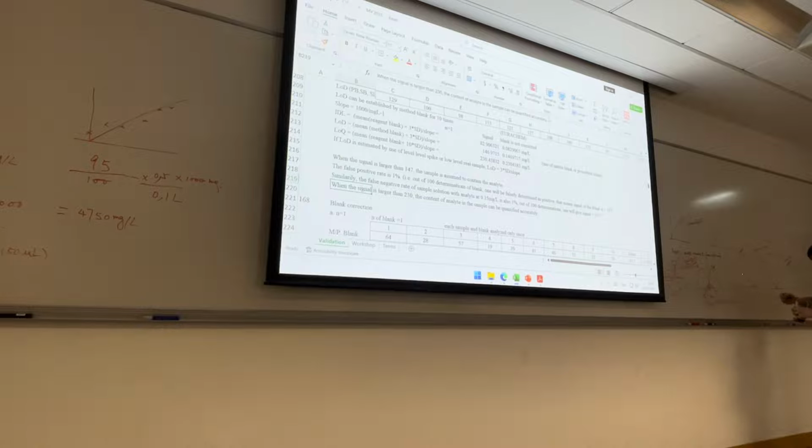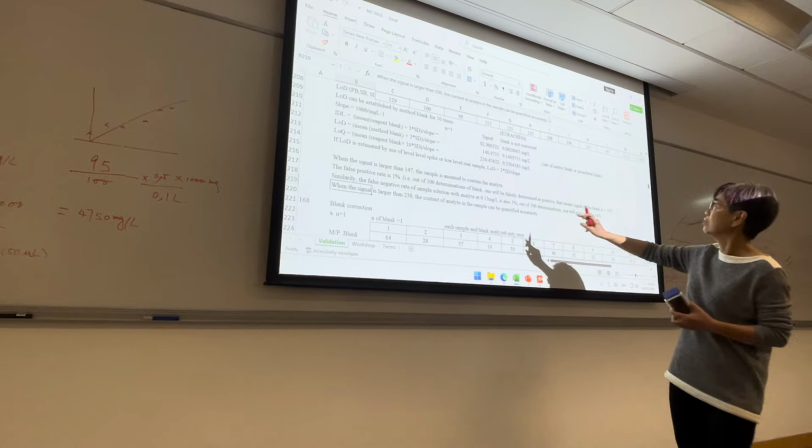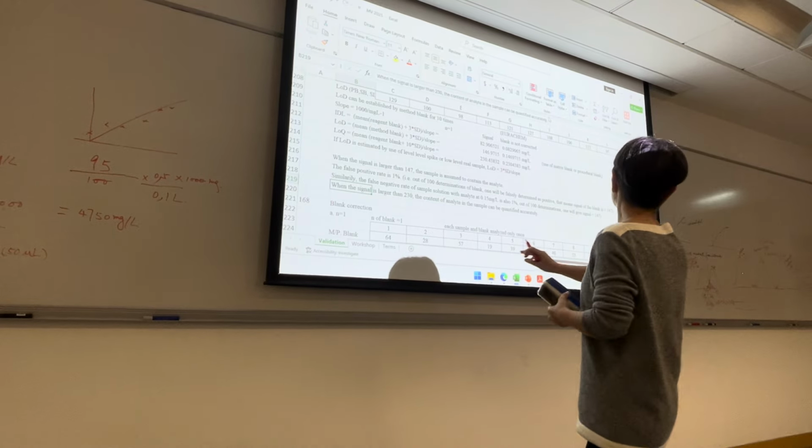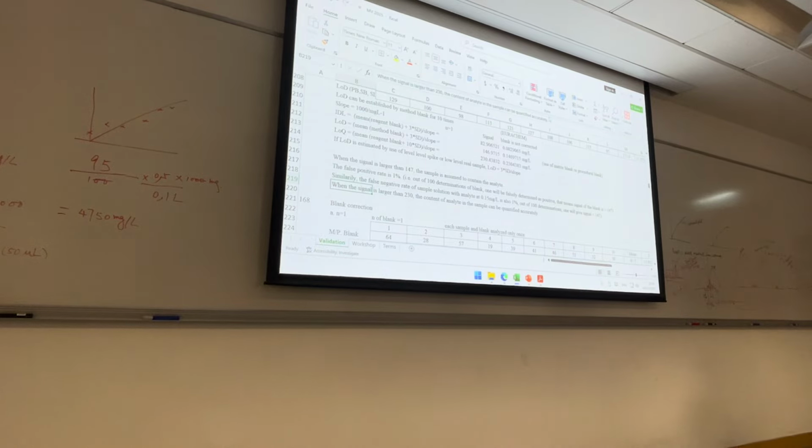So the mean blank will be, this is what is the measured figure? Okay, a little bit higher. The mean signal is 111.2. Okay, and now the cutoff.